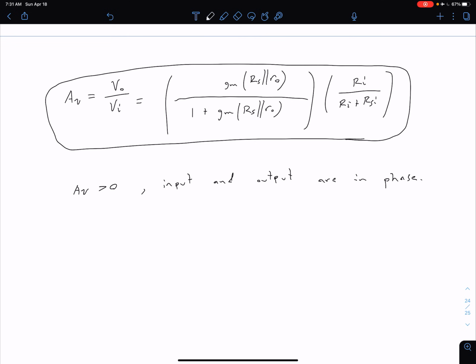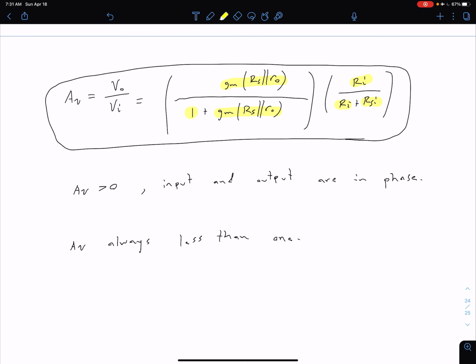The other thing that we can note is that our A_V is always going to be less than 1. So A_V for this case is always less than 1, or less than unity. Sometimes you'll hear that stated that way. And we can recognize that by saying we have this term here, which is the same as this here. So if we have this one term, that's going to make this denominator a little bit bigger than the numerator.